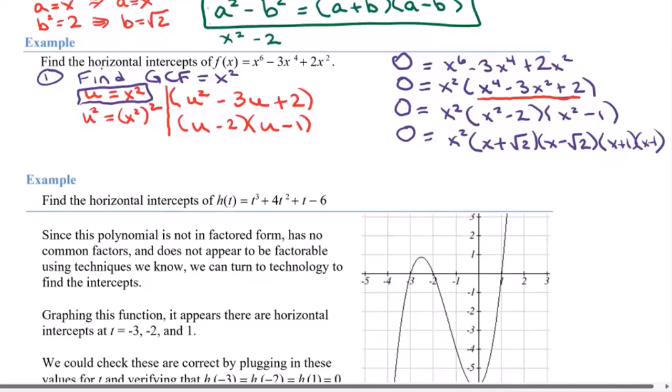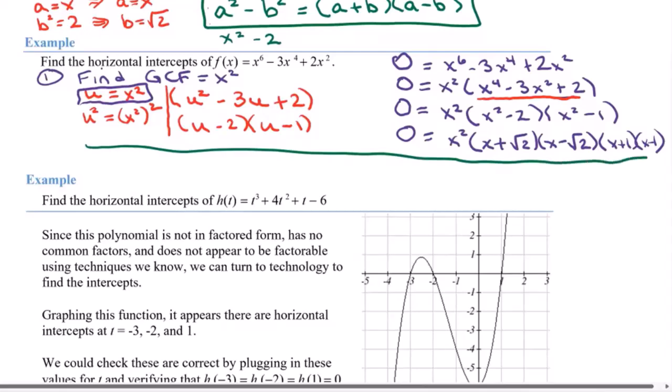To wrap everything up, we have all these factors. So find the horizontal intercepts of f of x equals x to the 6 minus 3x to the 4th plus 2x squared. We've factored it as much as we can, which means that I have x equals 0 as one of my horizontal or x-intercepts.